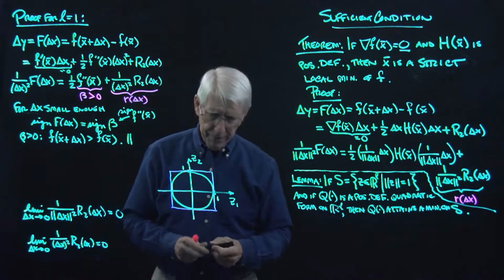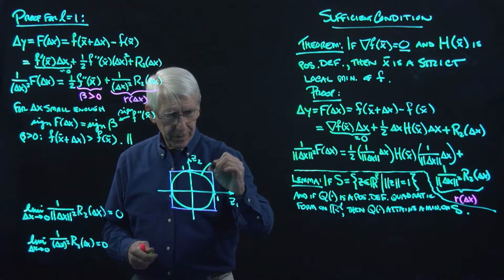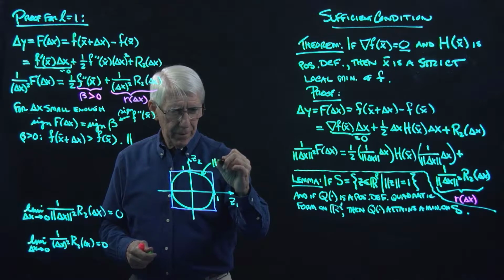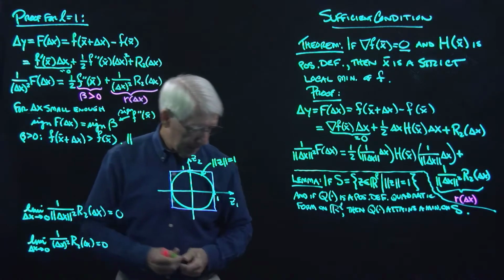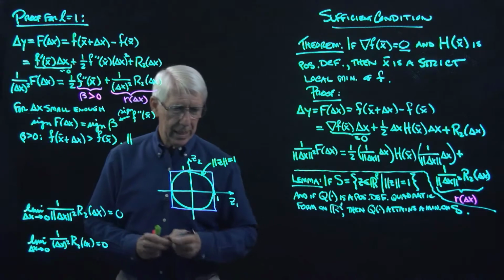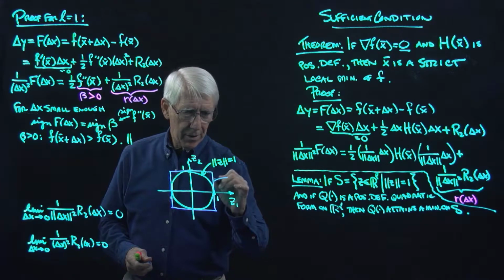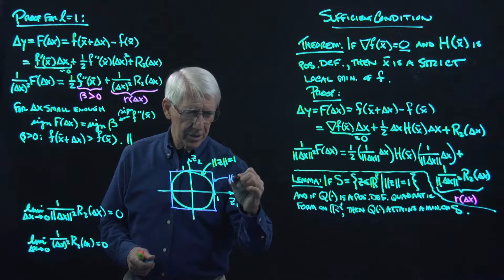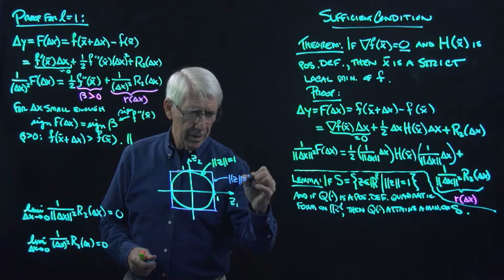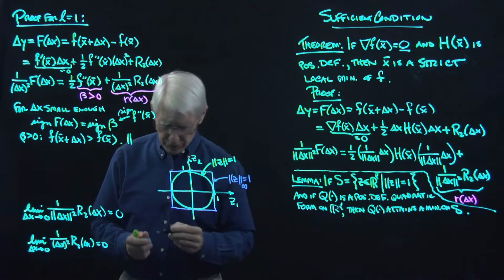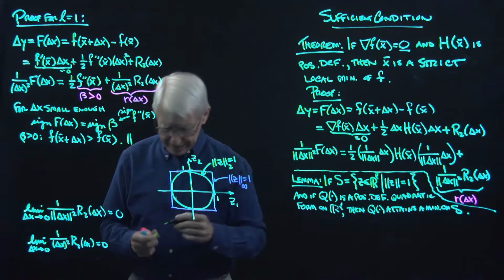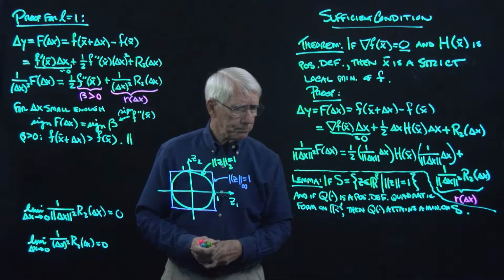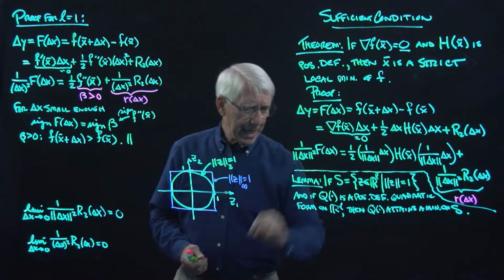In each case, this is all of the z's such that the norm of z is 1. In the Euclidean norm, this is all of the z's such that the norm of z is 1. Max norm, Euclidean norm. Doesn't make any difference. So that's the set S.